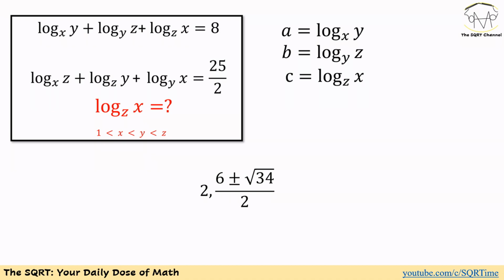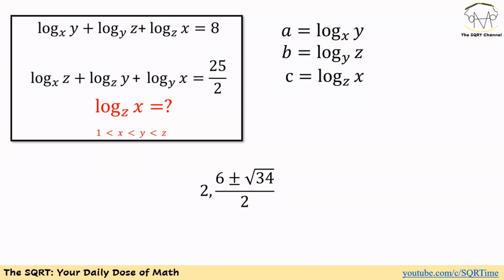We know x is greater than 1, y is greater than x, and z is greater than y. Since x is less than y here, we can say that log of y in base x is going to be greater than 1.